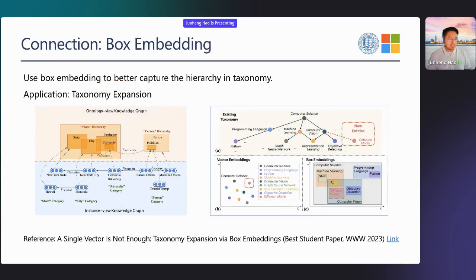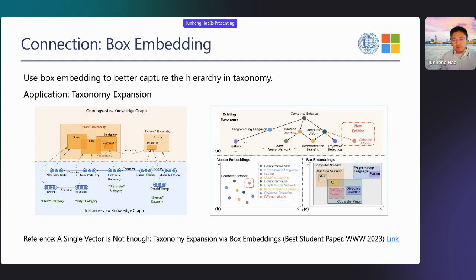This type of framework is definitely extendable. Recent research communities are extending this taxonomy modeling effort not into a vector embedding like what we have done in the work that I just introduced, but into box embeddings, for example, which means one simple vector might not be enough for complex taxonomies.